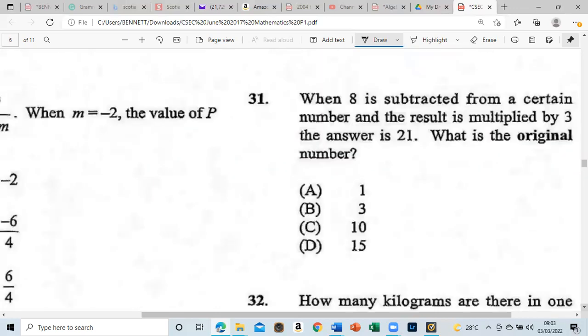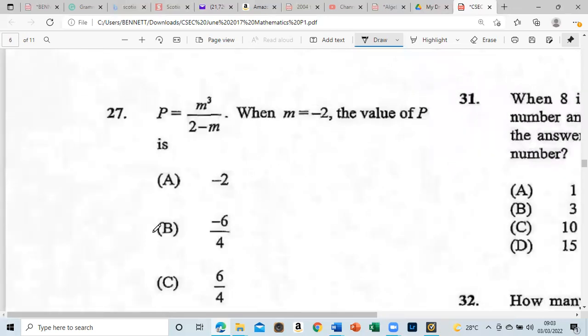Let's move on to 27. It says that P is equal to M cubed divided by 2 minus M. If M equals negative 2, then the value of P is, so it's fairly easy with substituting the value of negative 2. So that's negative 2 cubed divided by 2 minus negative 2. That can be very tricky with this part.